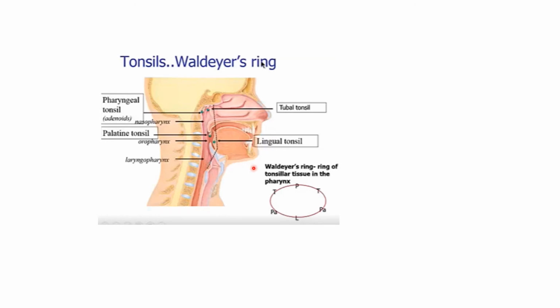tonsil. So these four tonsils together, the pharyngeal posteriorly, the two tubal tonsils, and lingual on the dorsal part of the tongue, and palatine tonsils on the sides, form a ring around the throat that is called Waldeyer's ring, which you will be taught in your gross anatomy also.